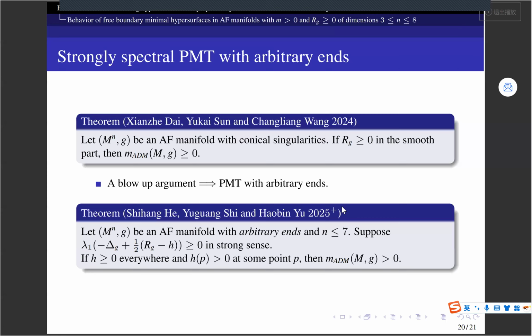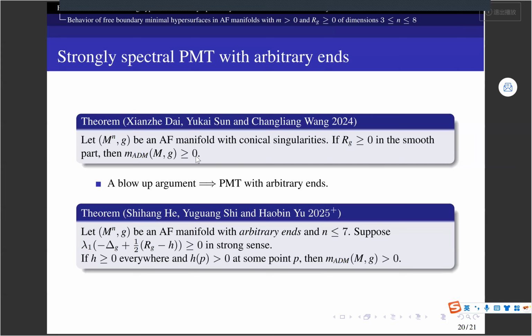And in the last screen, I would like to say a crucial step of the proof of this infinitesimal rigidity result is a positive mass theorem with arbitrary ends under the assumption of non-negative spectral scalar curvature. And this strategy has also been adopted by Schoen and Wang, as mentioned by Professor Changliang Wang in the last talk.